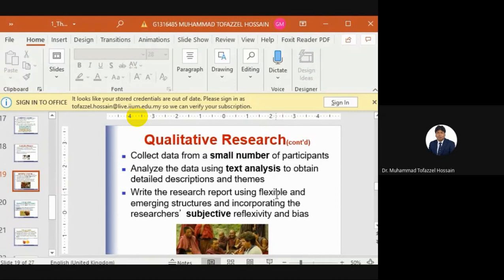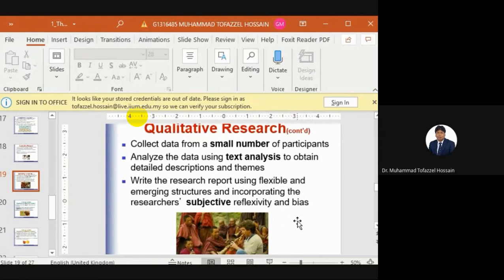You can create your own structure based on the themes and ideas, and you can also incorporate your subjective reflexivity, the way you find the situation. In some cases you may have bias also. You can support some ideas. You can write in favor of some issues because you can add your own experience here. Got the idea?